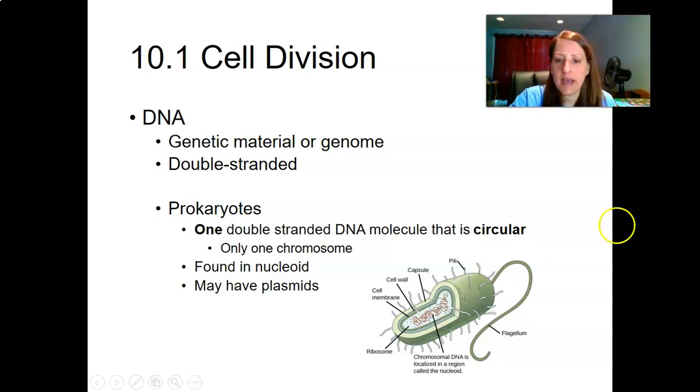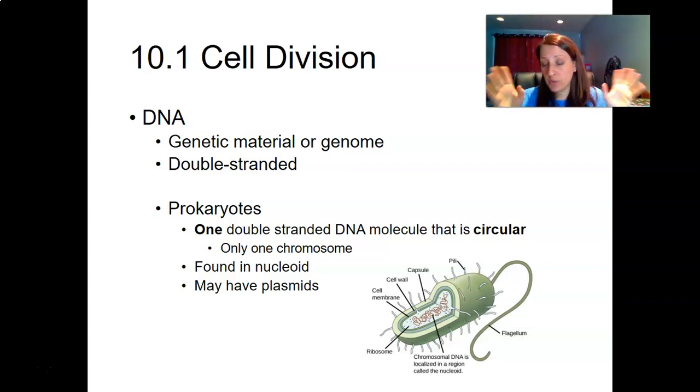And you can see that here. This brown material, this is the DNA, and it looks kind of bunched up, but it's just one circular piece of DNA. 1 chromosome, double-stranded, circular. Again, where is it found? It's found in the nucleoid. It's a region in the cell, but there is no nucleus.